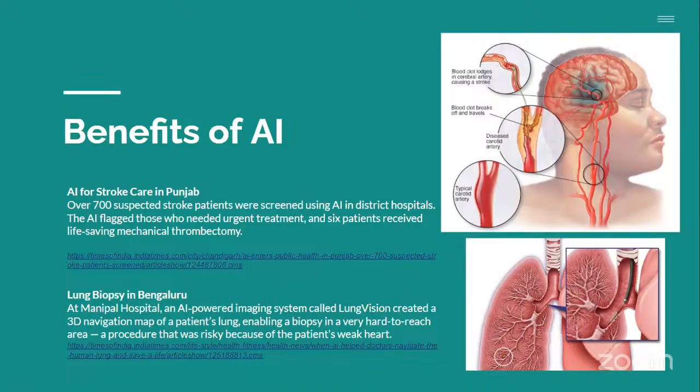But recently Punjab introduced an AI-powered model in district hospitals, trained on data, and it is free. They used it for 700 suspected stroke patients and found that 6 needed to immediately undergo mechanical thrombectomy.